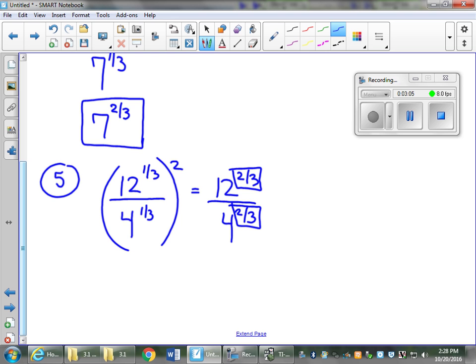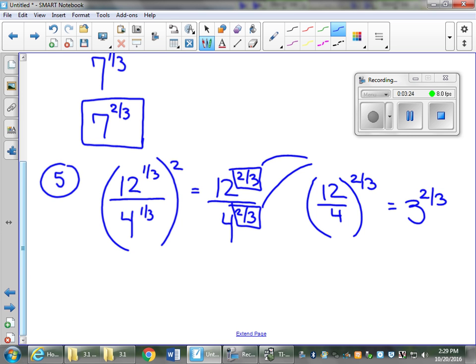When I have the exponents in common, I'm now going to undistribute that from both, which will leave me with 12 divided by 4, to the 2/3, allowing me to actually divide 12 by 4. So 12 divided by 4 becomes 3 to the 2/3. And then just double check to see if you can actually use your charts here. Cube root of 3 is a decimal, so that's as far as it goes.